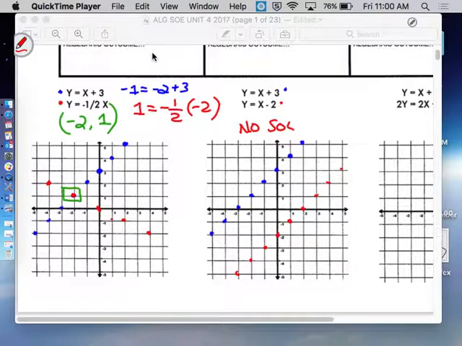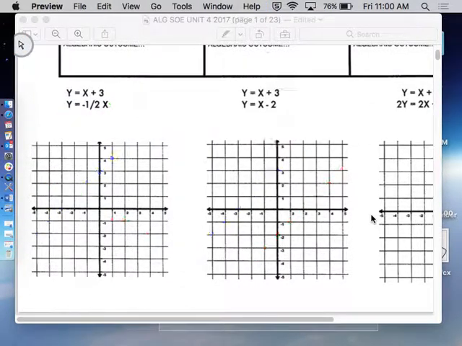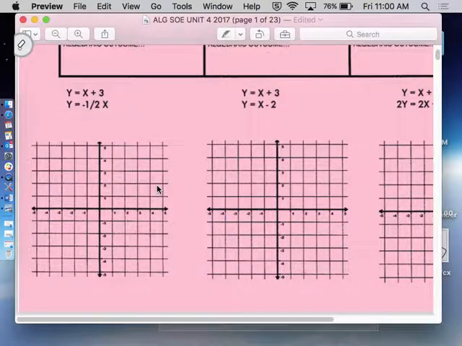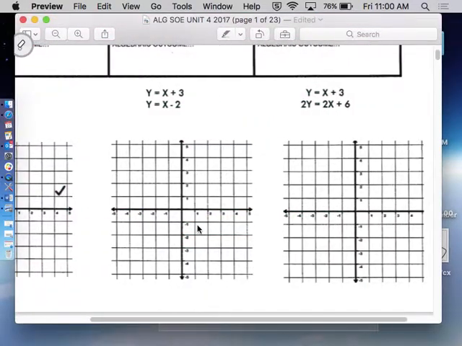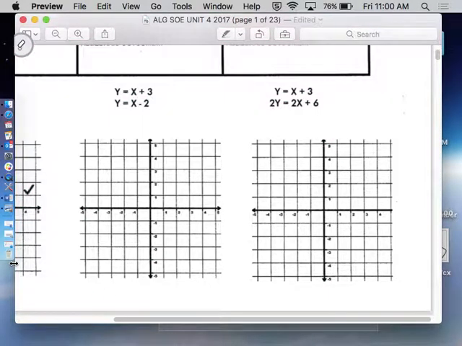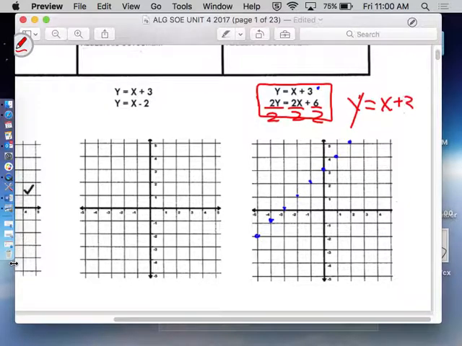And then let's analyze the last system on the cover sheet. Here, if I were to graph the first line in blue, once again, y-intercept of +3, slope of +1, and then I look at the second equation and I see that the y has not been isolated, so I need to divide the 2 out of the problem, and when I do that, I end up with the first equation.